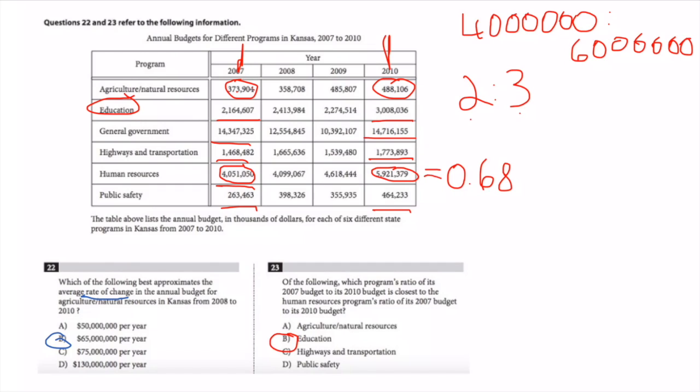Okay, if I want to verify my answer, if I take 2,164,607 and divide it by 3,008,036. Sorry, I punched it in wrong.